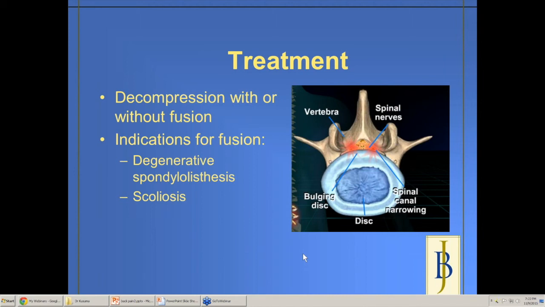However, it's very unlikely. Once again, we talk about possibilities and probabilities, and the probability that the bone graft that's trying to help with the fusion is impinging on the nerves is very low. Sometimes if the fusion didn't take, meaning that they had surgery but the spine failed to fuse, that can still cause some nerve pain. Usually, however, that causes more back pain than pain down the legs.